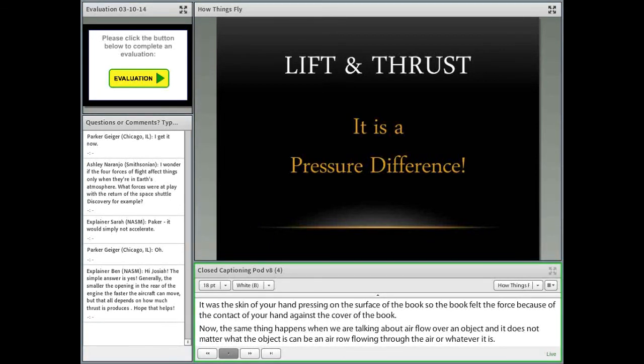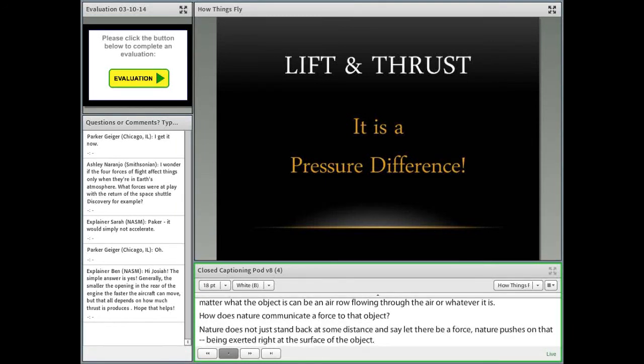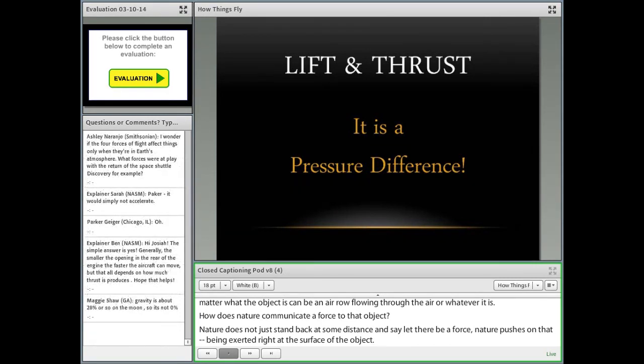Nature presses on the surface of that object by means of the pressure, the air pressure around it, being exerted right at the surface of the object. And so once again, you can visualize, if you're the object, if air is going to exert a force on you, the only way that nature is going to be able to do that is to have that pressure of the air right adjacent to your surface, creating a force on you, pressing against you.